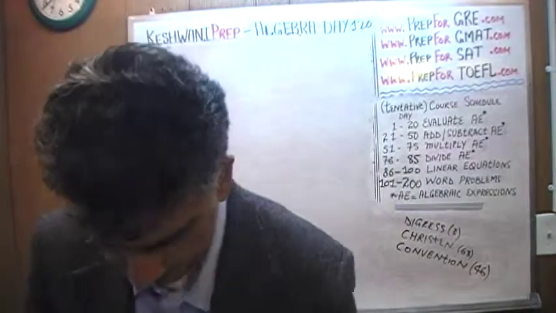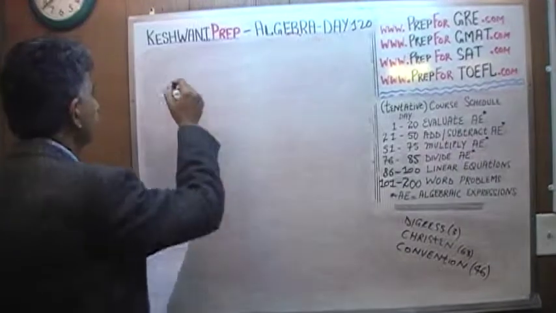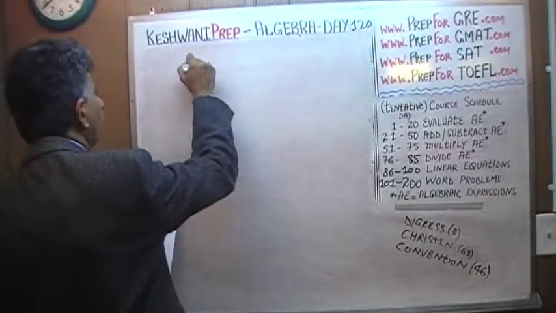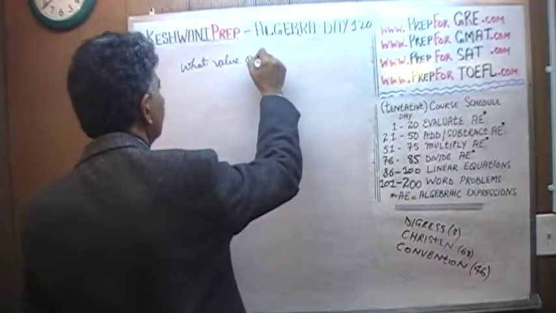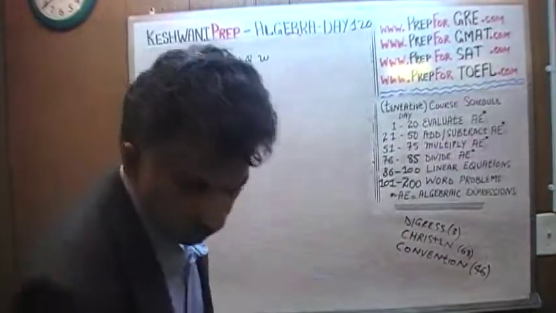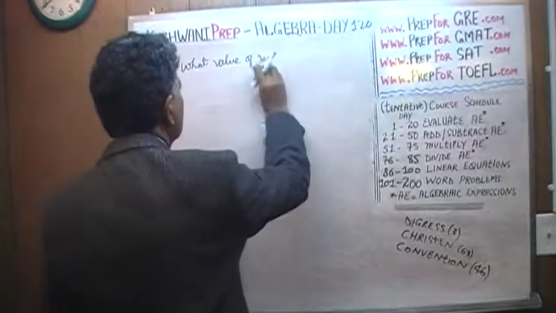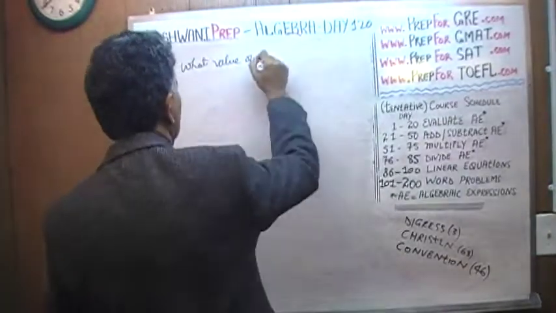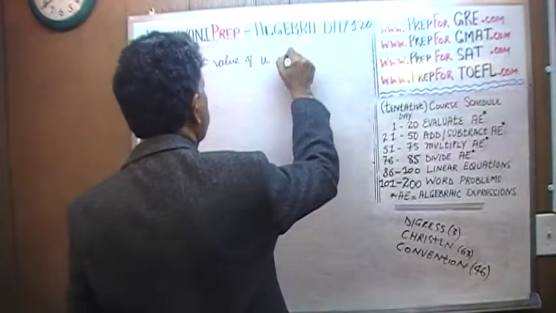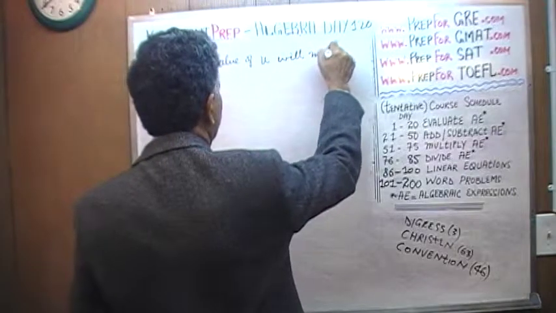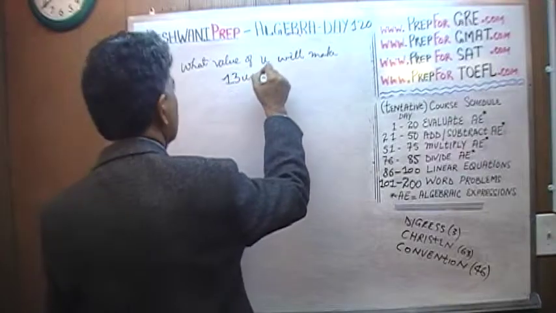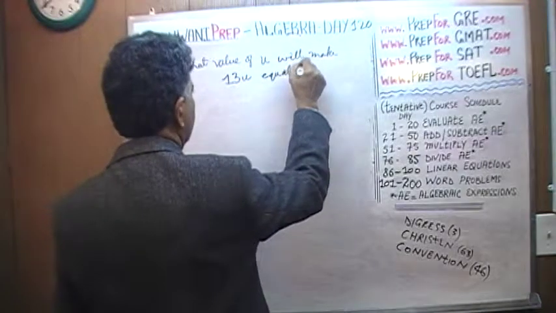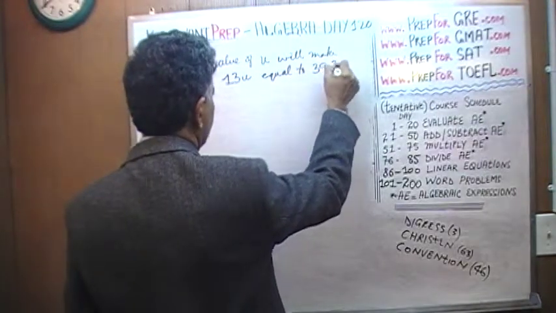Let's do one more. What value of U will make 13U equal to 39?